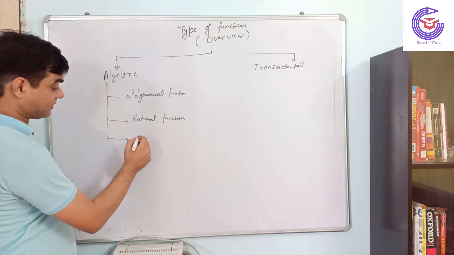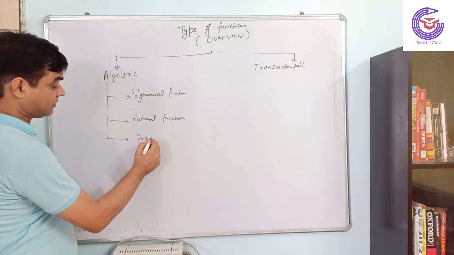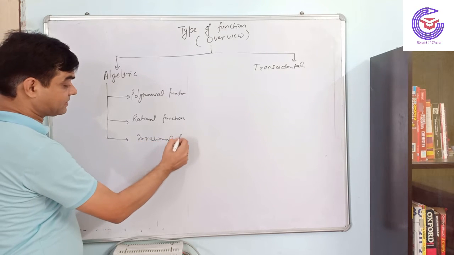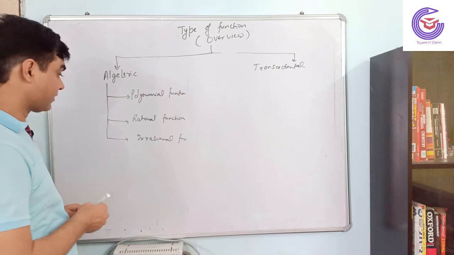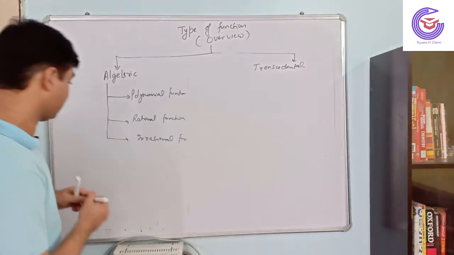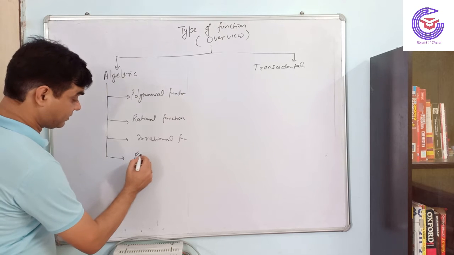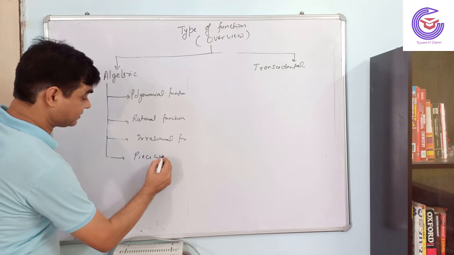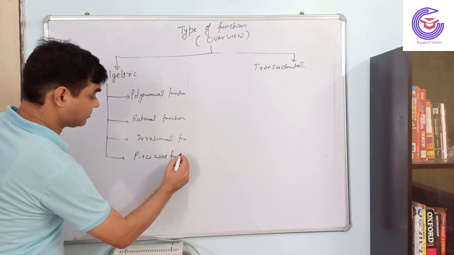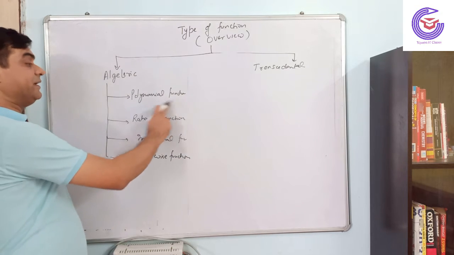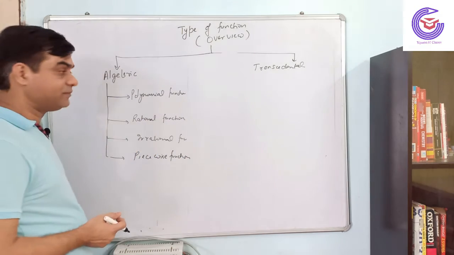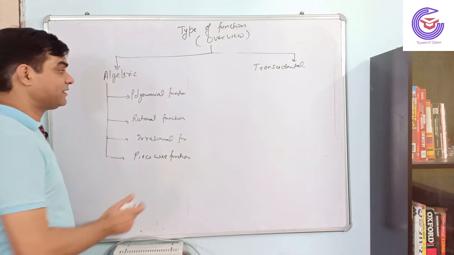Third is called irrational function. And then we have piecewise function. Each one of them is further classified into further categories.